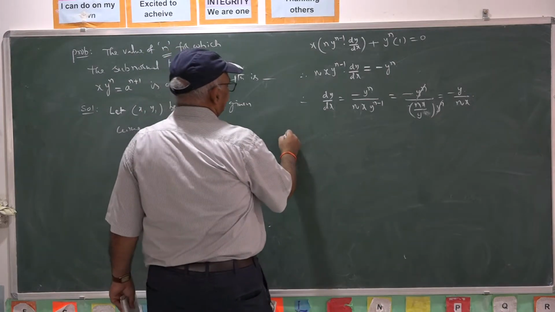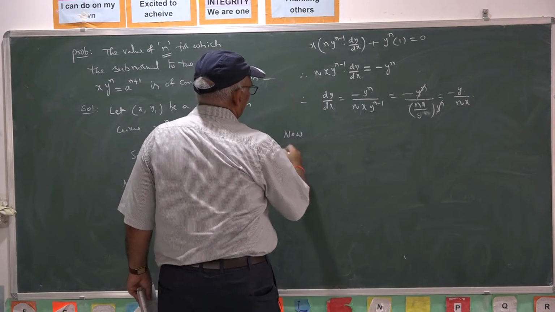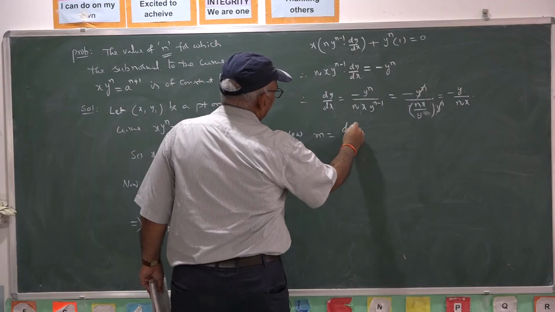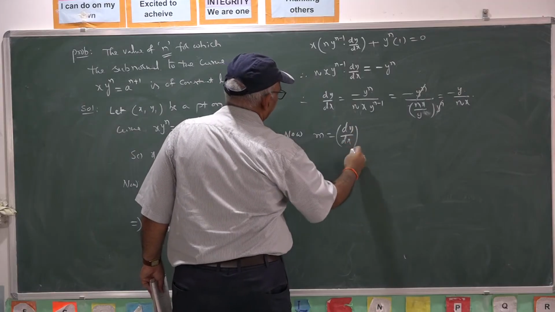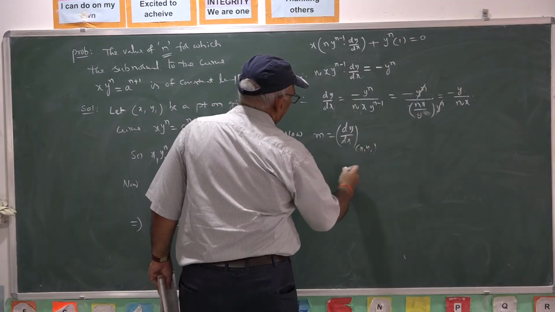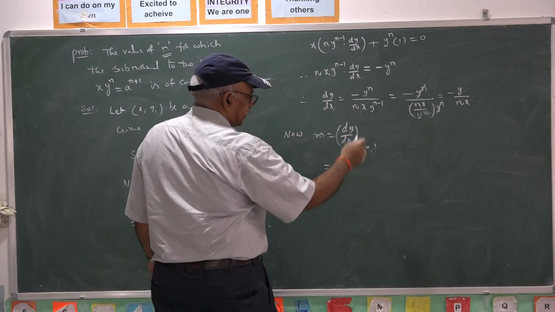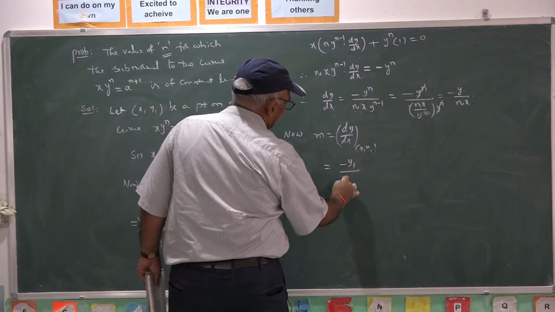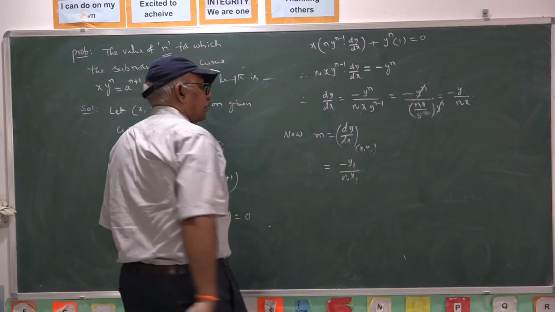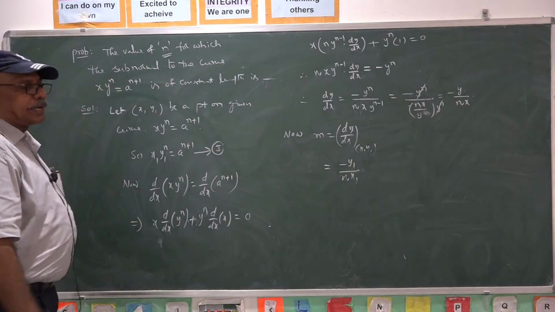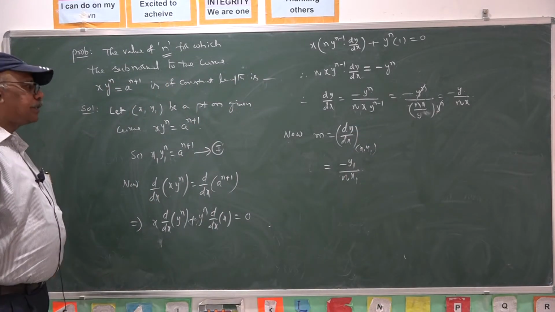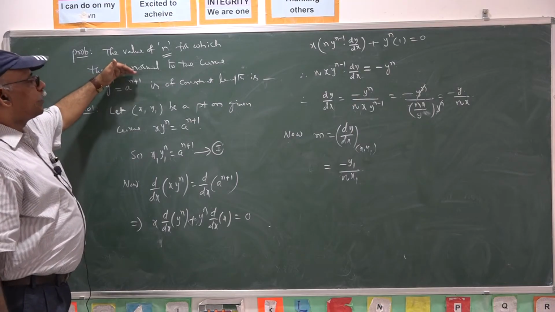Now, m, the slope of the tangent at the point x1 y1, is minus y1 by n x1. That is the slope of the tangent. Now, we are in need of the subnormal.